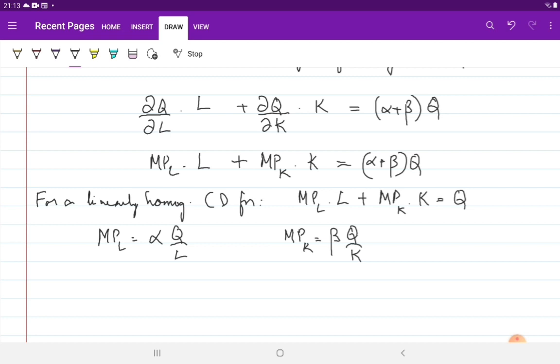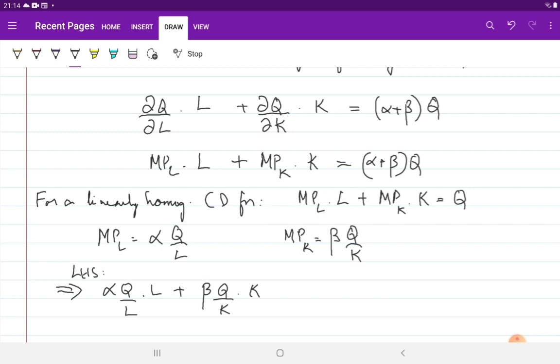So substituting this into the equation, we can write it as alpha times Q by L into L plus beta times Q by K into K. This being the left hand side of the equation, LHS, right?